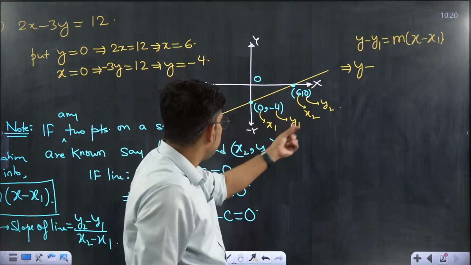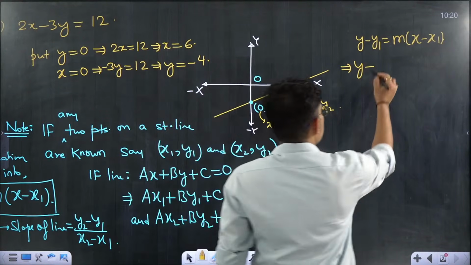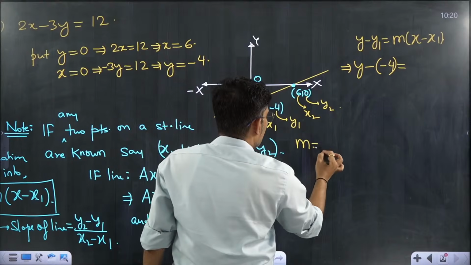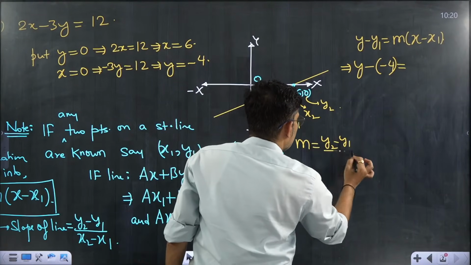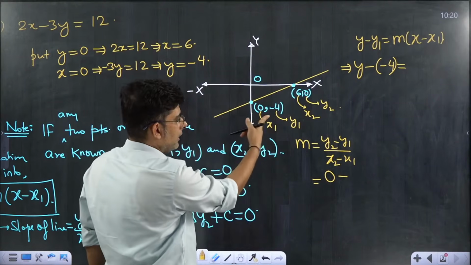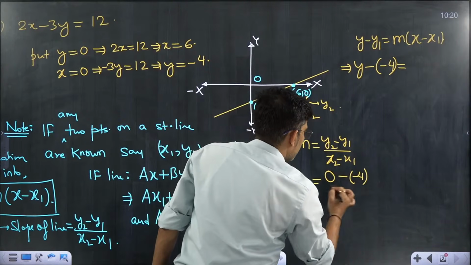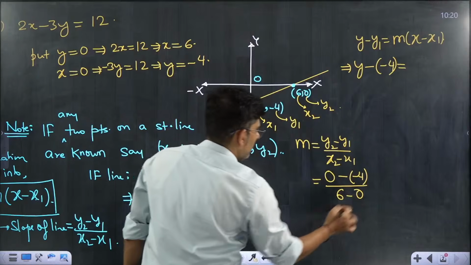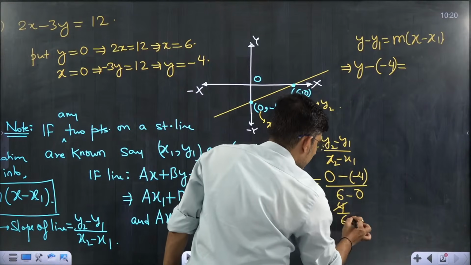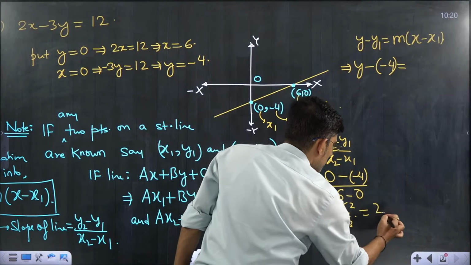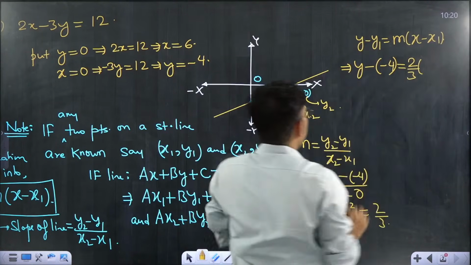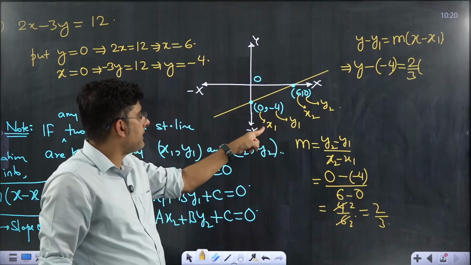Clear? So y minus, suppose I take this as y1, y minus minus 4 is equal to, let's calculate the slope here first. Slope is y2 minus y1 by x2 minus x1. What is y2? y2 is 0. What is y1? Minus 4. What is x2? x2 I have taken 6, x1 is 0. So we are getting plus 4 by 6, which can also be written as 2 by 3. Now here I am putting the slope as 2 by 3. When I have put y as minus 4, I have to take x as x1, that is 0.